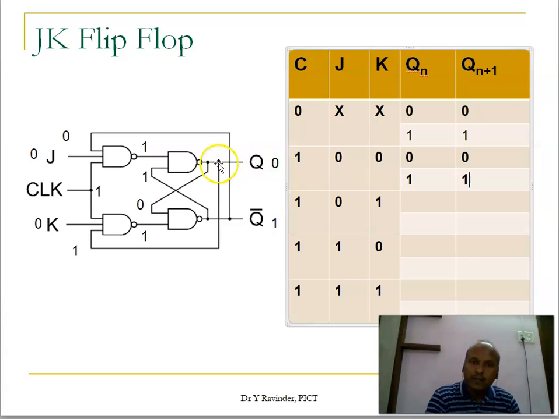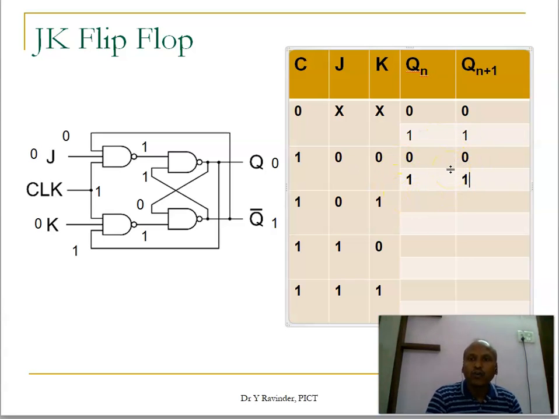So this feedback will decide the outputs. So if this is 0, this is 1. If this is 1, 1, 1, 0, so 1, 0. So it will remain the same. So that is for clock 1 and JK both 0, 0. So this is the no change condition.